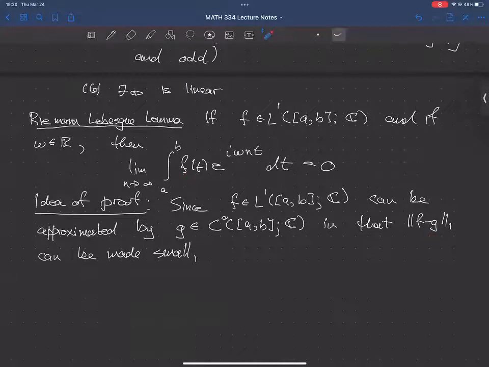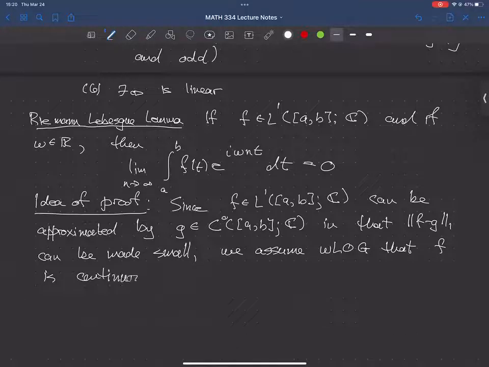All right, so since that's possible, we can assume, and so in other words, it suffices to prove the result when f is continuous. Okay, so that's the first reduction.